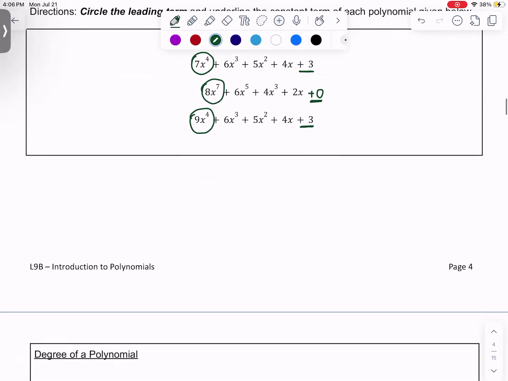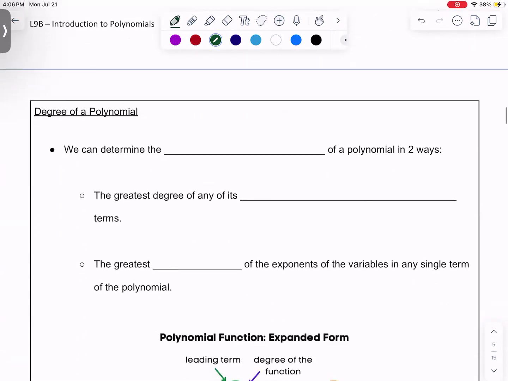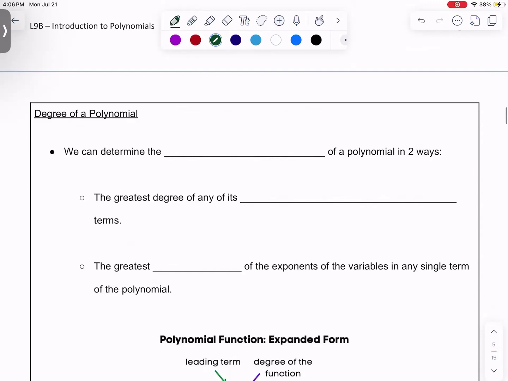More definitions. Within the leading term is the degree. We can determine the degree of a polynomial in 2 ways. First, it could be the greatest degree of any of its monomial terms.